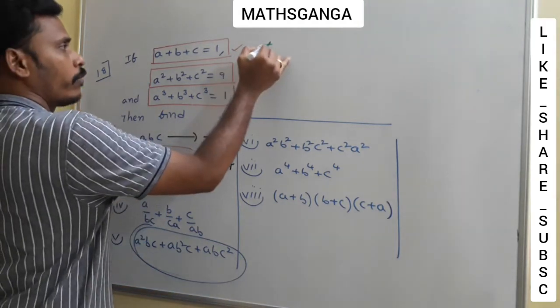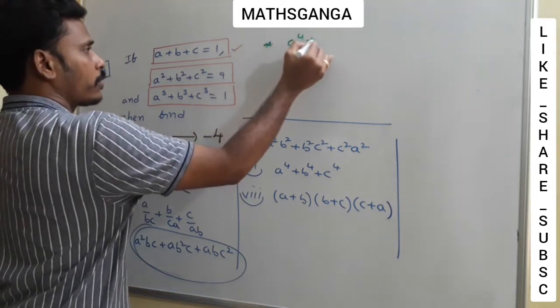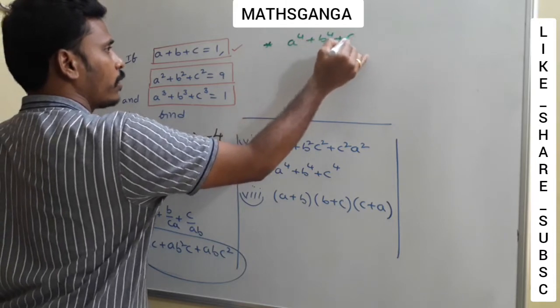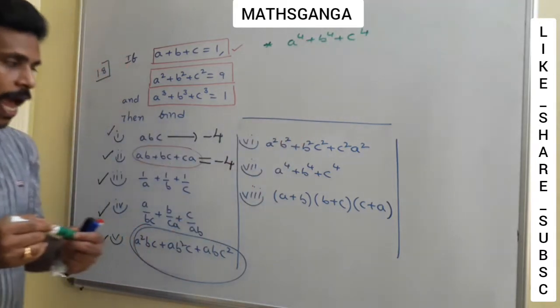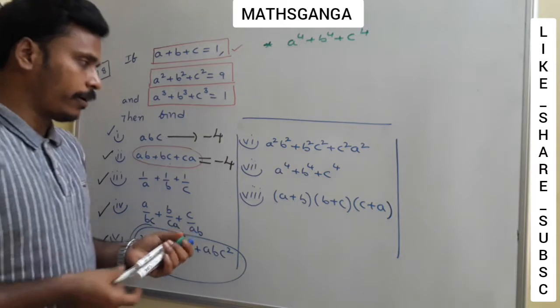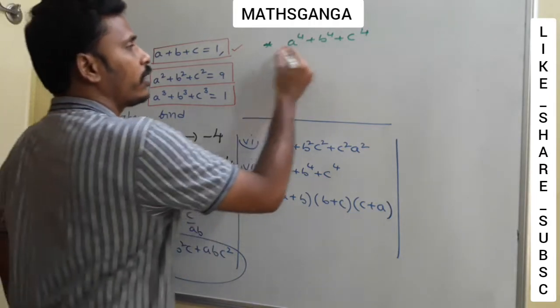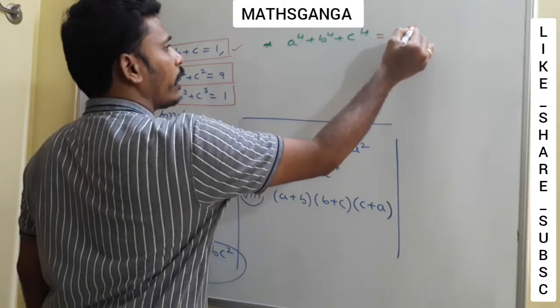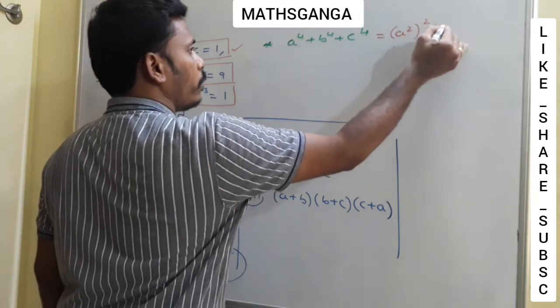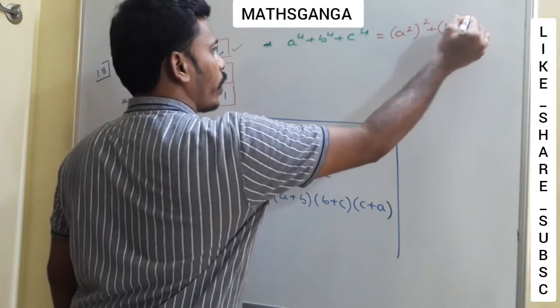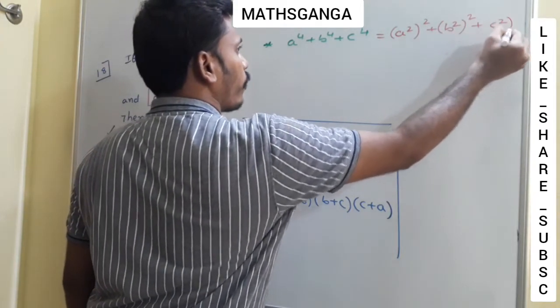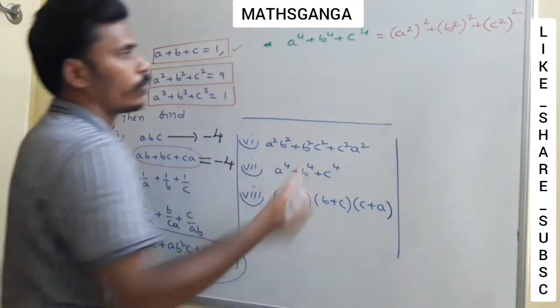And now a power 4 plus b power 4 plus c power 4. As we did for the 6th one, similarly I can write this a power 4 as a square whole square plus b power 4 as b square whole square plus c power 4 as c square whole square.